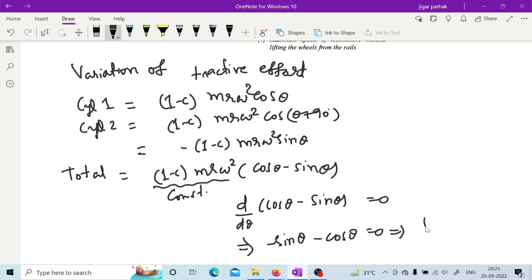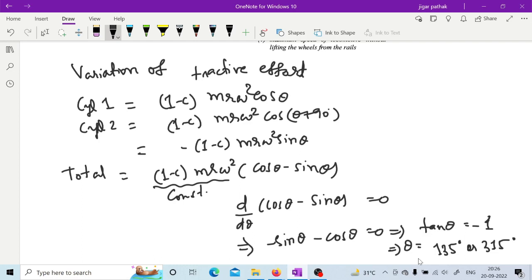So this will give you tan theta is equal to minus 1, right? So once you have this, then theta, in case of tan theta equal to minus 1, as you know, is either 135 or 315, right?